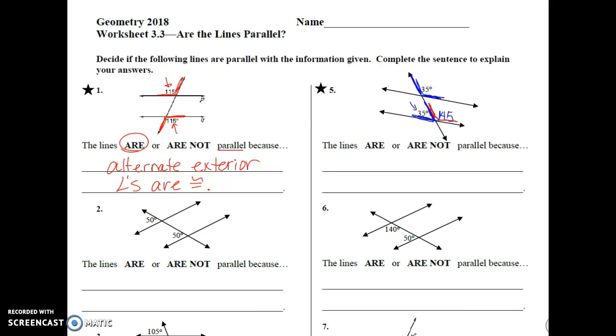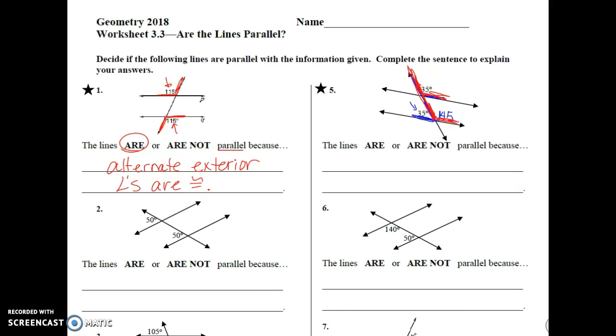And then if I look at those two angles that I have marked in red, there's my F. Those are corresponding angles, and then I think in my notes those should be congruent. And they clearly are not. 145 and 35 are not the same number.